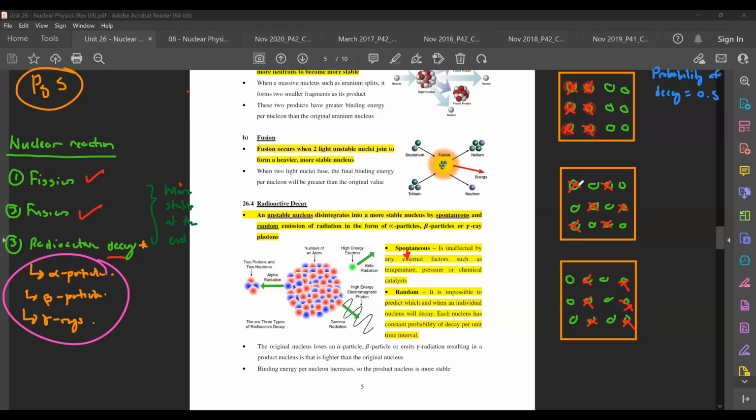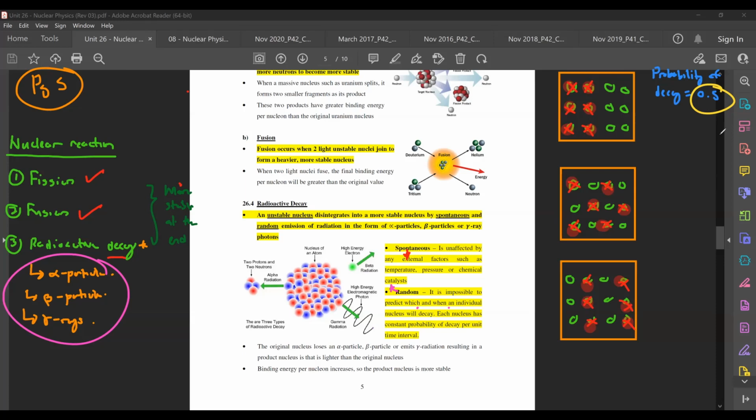So I just do not know which of these individual nuclei will decay and when would it decay. But all I do know is that in that sample, half will usually decay. That is what we mean by random here now. We just do not know which and when a nucleus will decay. We kind of just know in a group of them how many will decay.